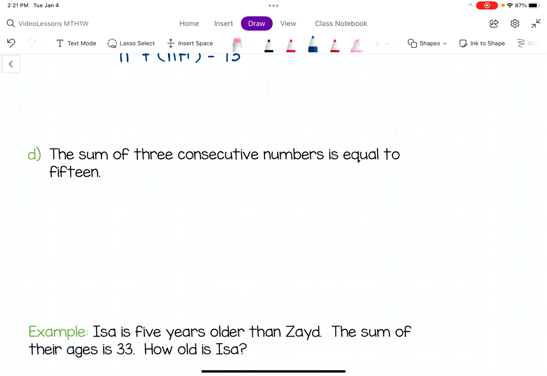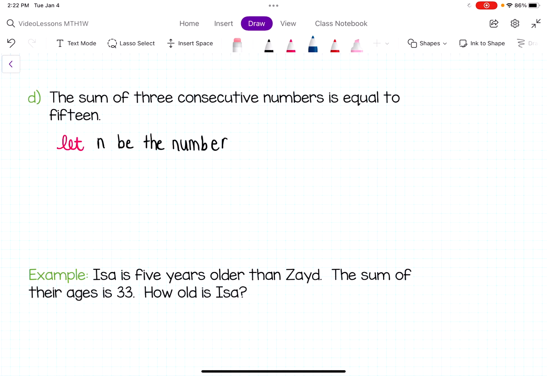Next, it says the sum of 3 consecutive numbers is equal to 15. So here again, we're going to say let n be the number, and now we have 3 of them. We won't say be the number. We'll say let n be one number, because technically the other ones are not going to be n.